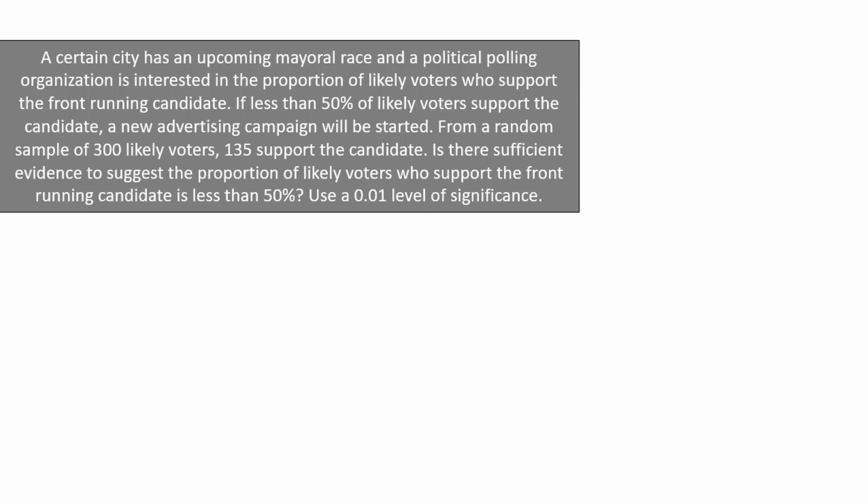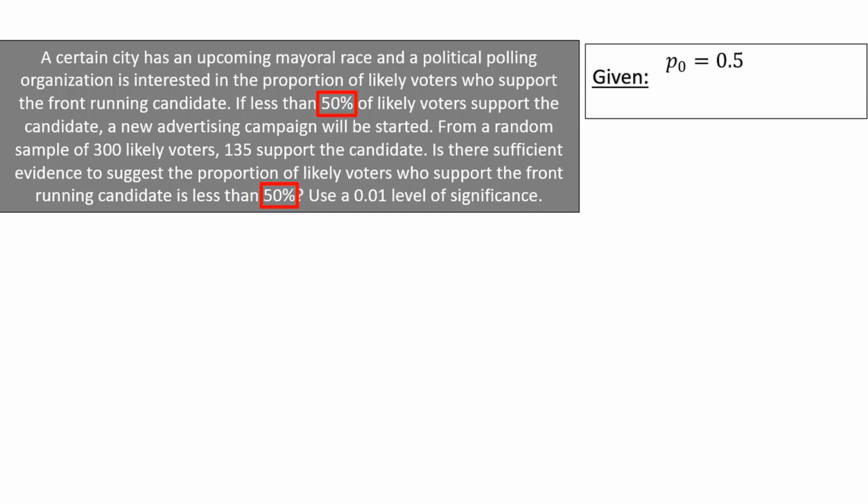Let's begin by writing out some of the given information. The default position is that the proportion of likely voters who support the candidate is 50%. Therefore, p sub 0 is 0.5. The sub 0 just means that this is the proportion corresponding to the null hypothesis, which we will be testing our data against.